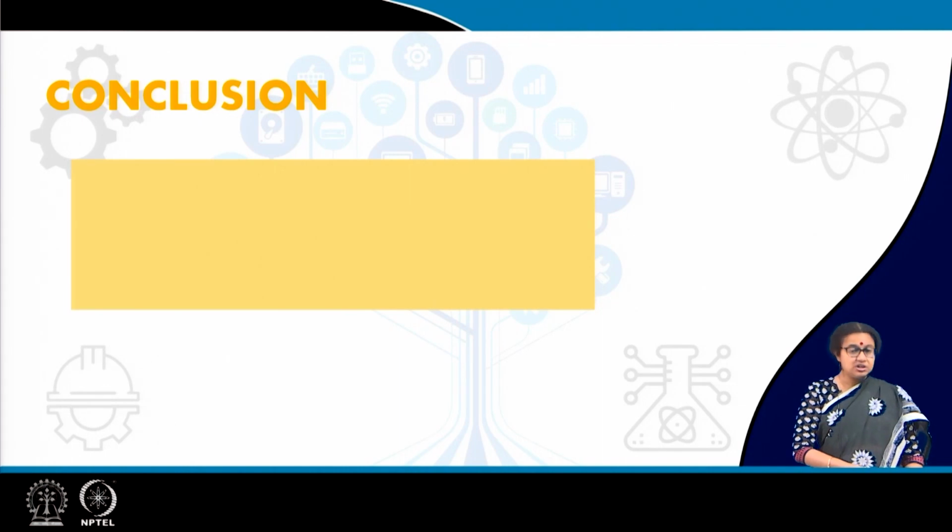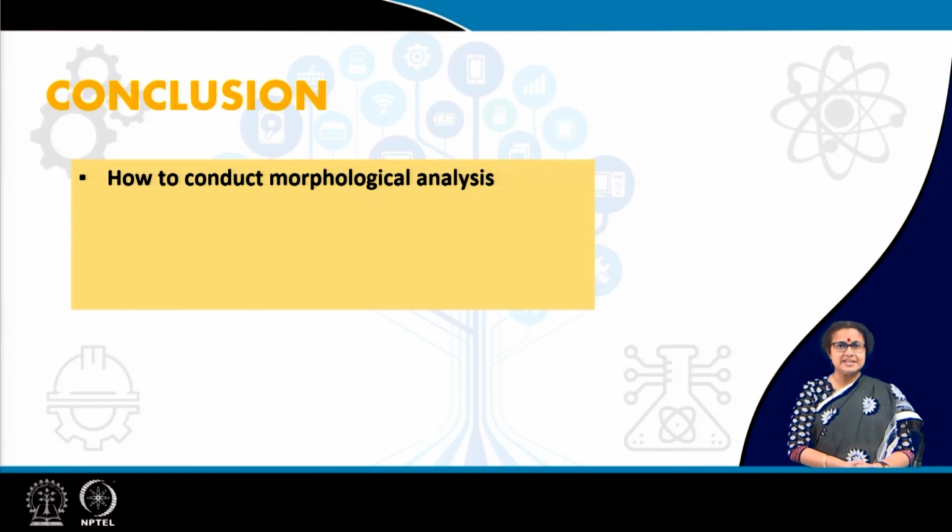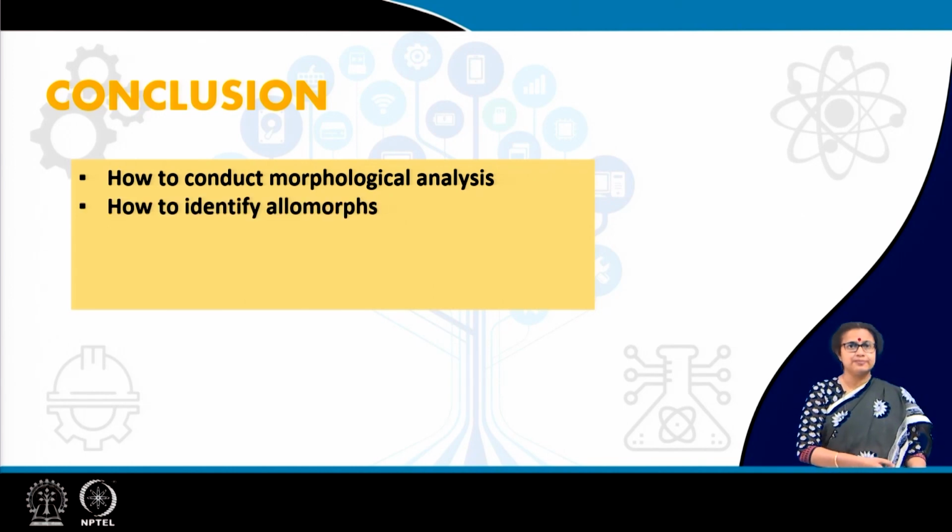So, we will come to the concluding part of today's class. What are the basic learnings that we have done today? We talked about morphological analysis and certain notions related to morphological analysis.